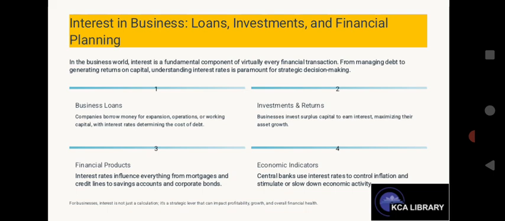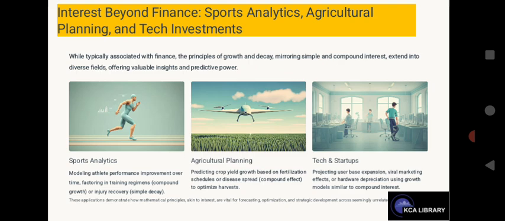Anything you go to the market to buy, from mortgages and credit lines to savings accounts, there is always interest on them. And central banks use interest rates to control inflation and stimulate or slow down economic activity. So interest rates are economic indicators.